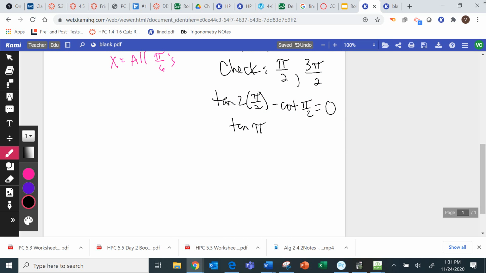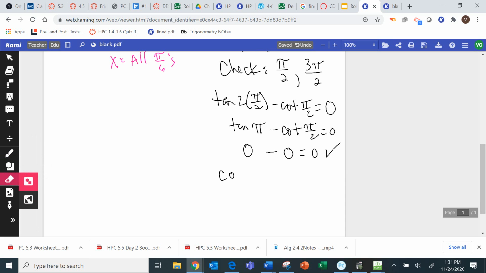Tangent pi minus cotangent pi over 2. What is the tangent at pi? And what's the cotangent at pi over 2? So that answer works. But I wasn't able to find it originally because I had gotten rid of tangent 2x. And we try it with 3 pi over 2.